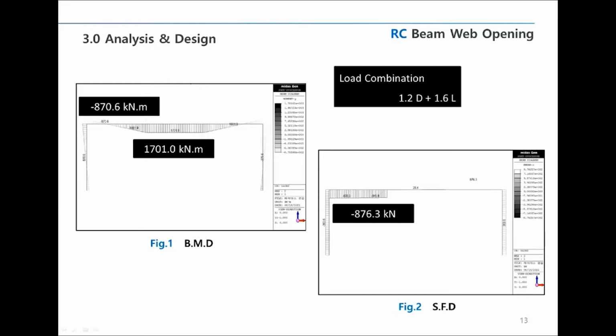The maximum moment is 1701 kilonewton-meter at the center, and the same load combination is applied in the second figure, the shear force diagram. The maximum shear force is 876.3 kilonewton at the end, and I'll explain how I designed this girder G1 under this condition.